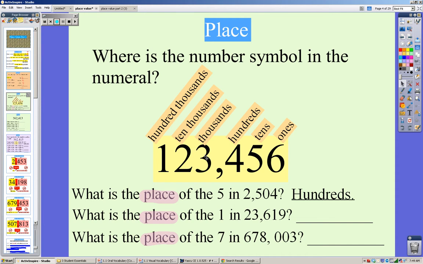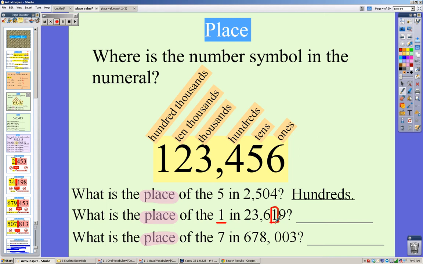And same with the thousands. We have 3,000, we have 20,000, and we have 100,000. So we're going to look at this. What is the place of the 1 in 23,619? Well, I can look at my little chart here and I can go, okay, it wants us to focus on the 1. So I'm going to find the 1. Okay, there's the 1 in my number. I'm going to put a box around it.